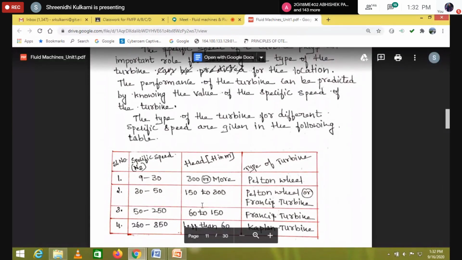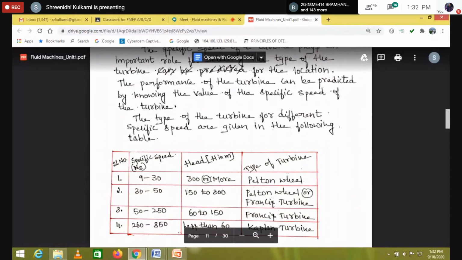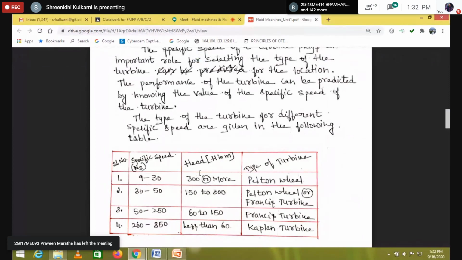So please understand, when the head is maximum, at that time the specific speed is very low. When we have low specific speed, the head is maximum. Such a turbine we call a Pelton wheel, because for this Pelton wheel the height, or head, should be maximum.